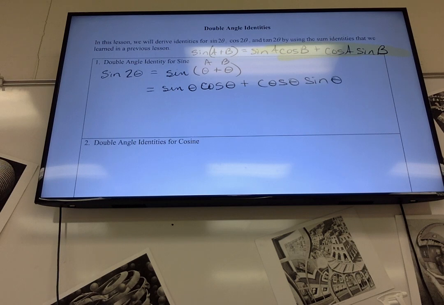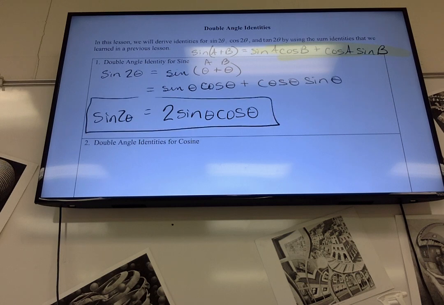They're just in different orders. So I add 2 of those together. That's a total of 2 sine cosine. So that's another trig identity that I will give you on the test that you can use.